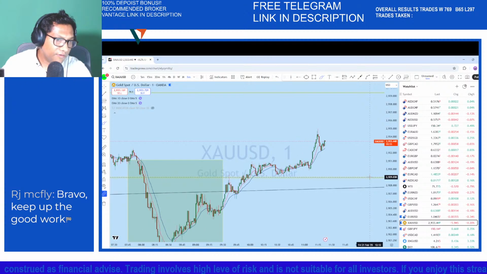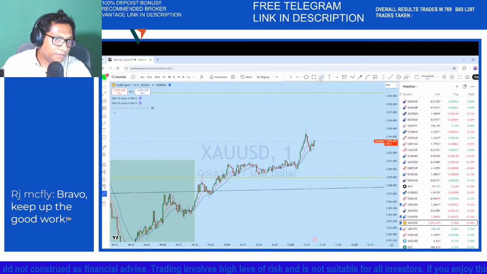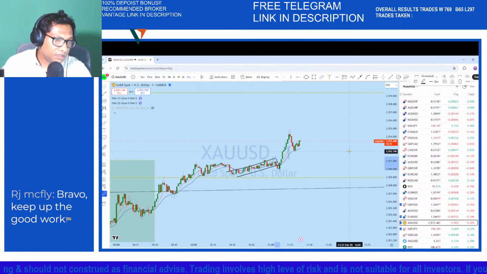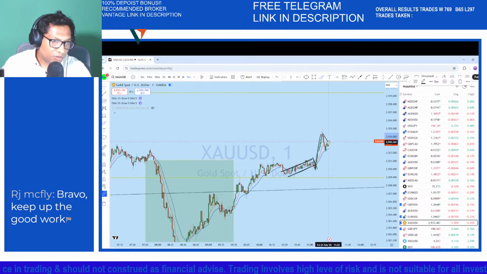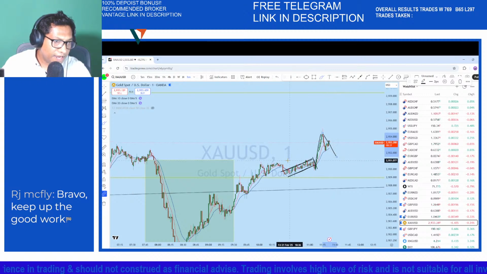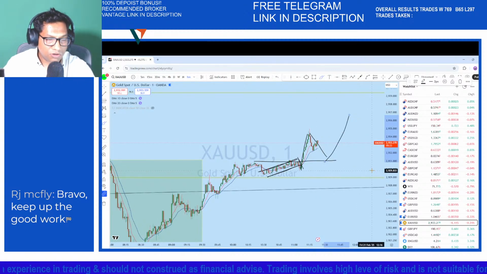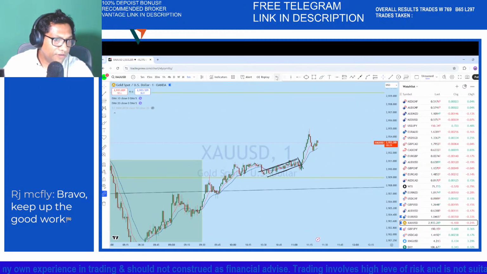Looking from that point of view, we can see that this is the channel. The market has broken out here. Would like to see a deeper pullback, retest, and then a bounce back up to create a new higher high in that area. And that's what you're waiting for, the market to show its hand.